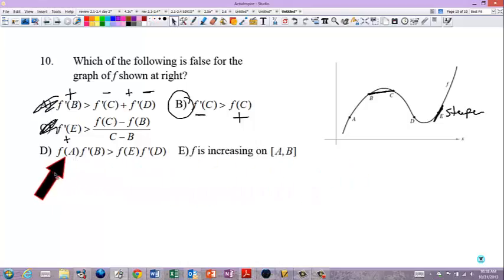F of a is a positive number times f prime of b is a positive number is greater than f of e is positive. F of e is positive, f prime of d is negative, is greater than a positive times a negative. That's true too. And f is increasing from a to b. That's true too. So it was b. That's it.